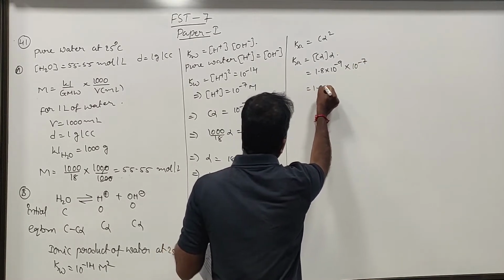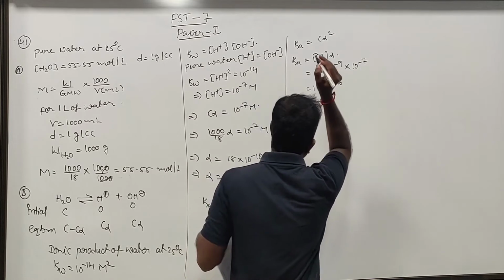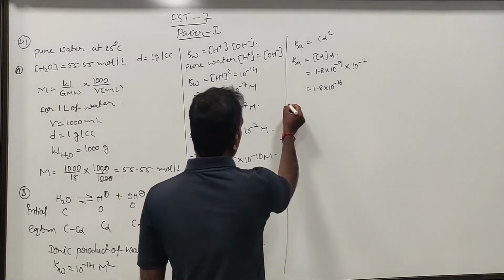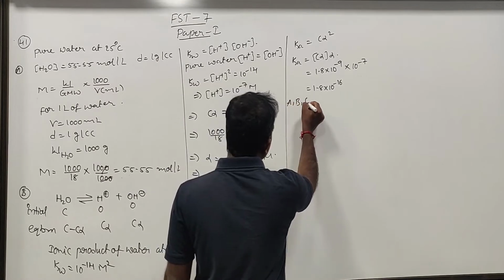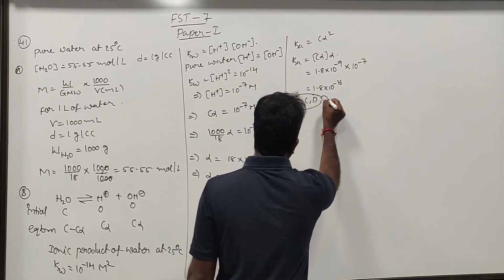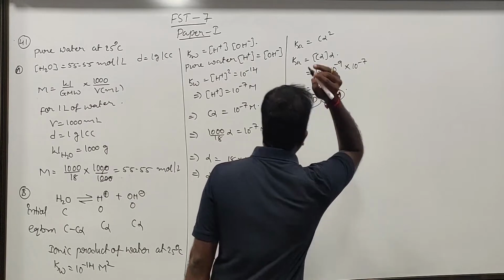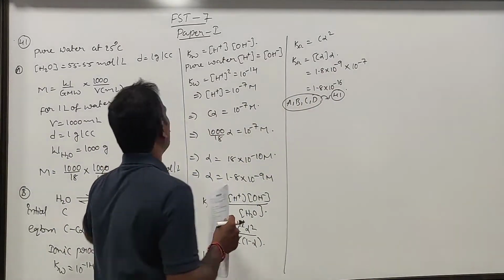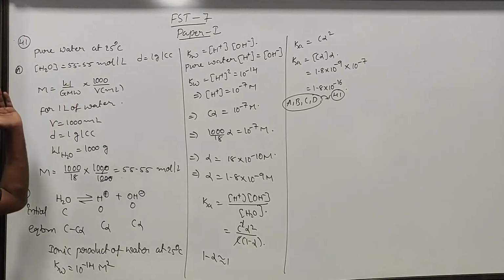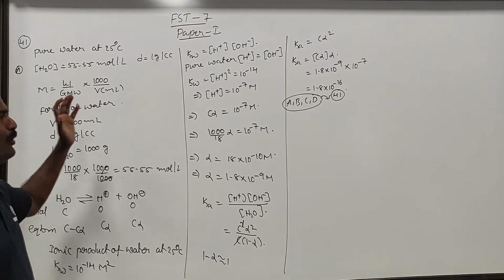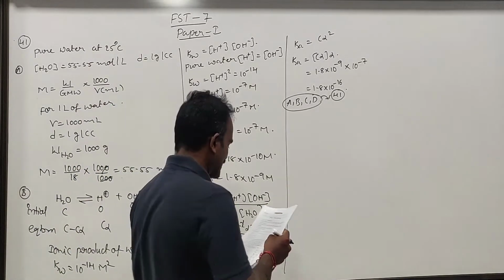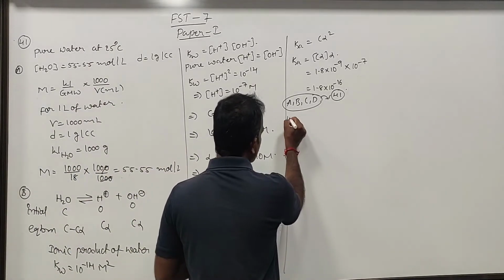That is equal to 1.8 into 10 power minus 16. Therefore, options A, B, C, D are correct for question number 41. So this is a very preliminary, primary kind of question. We all know how to solve this one. So this we explained elaborately. Hope you can understand this.